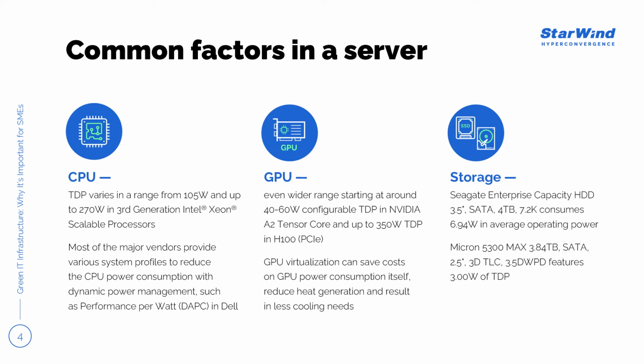For example, there is Intel Xeon Silver 4108, which has 8 cores, 1.8 GHz frequency and 85 watts of TDP. The next generation, Intel Xeon Silver 4208, has the same number of cores, basically 8 cores, but a higher frequency of 2.1 GHz, and still the same 85 watts of TDP.